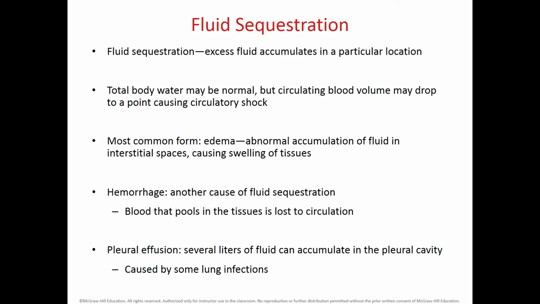Of course, we already know that a certain amount of fluid is supposed to be in the peritoneal cavity and the pleural cavity, but not in excess. That's what we are talking about when it comes to sequestration. So basically, it will be excess of fluid in spaces where there shouldn't be that much fluid.